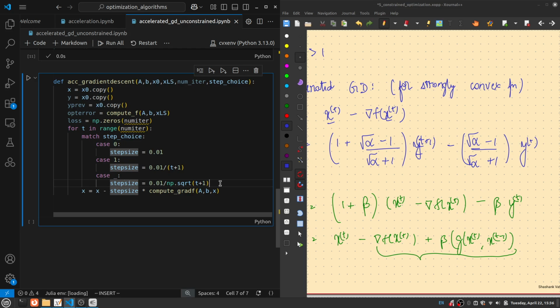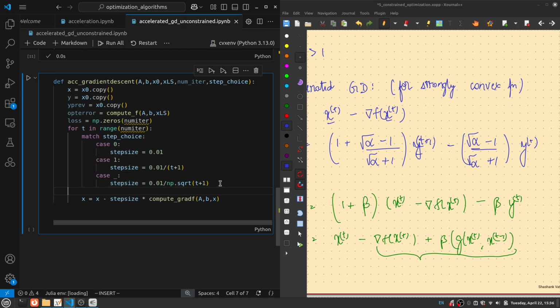I choose the step size in this particular manner. Now I have to choose alpha, or the square root of alpha will be, let me just choose this again, it's a heuristic choice, to be square root of 1 over the step size.